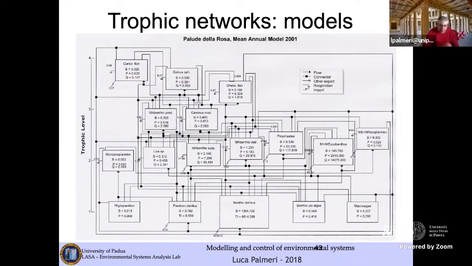So the values, the figures that appear in the boxes of box and arrow models, are referred to the year 2001 and are averages calculated on an annual cycle, so that you can put figures as biomass in the box and figures describing the importance of the magnitude of flows from one box to another.